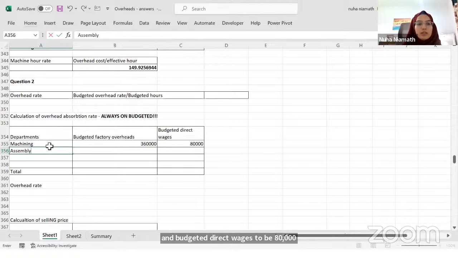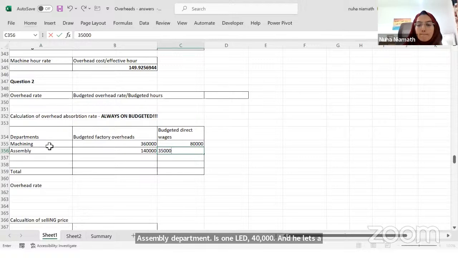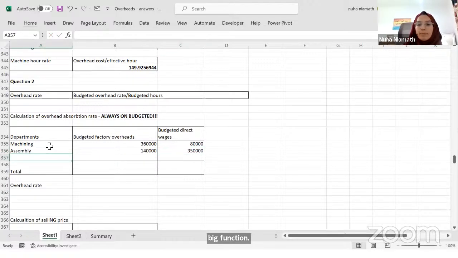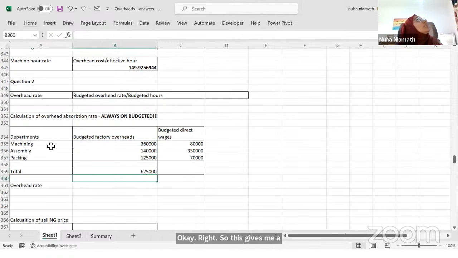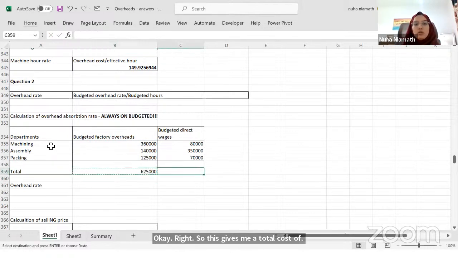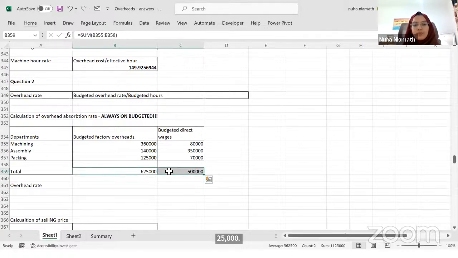Assembly department is 1,40,000 and 3,50,000 rupees. And packing department is 1,25,000 and 70,000 rupees. Right? So this gives me a total cost of 6,25,000 and a total of 5 lakh here.